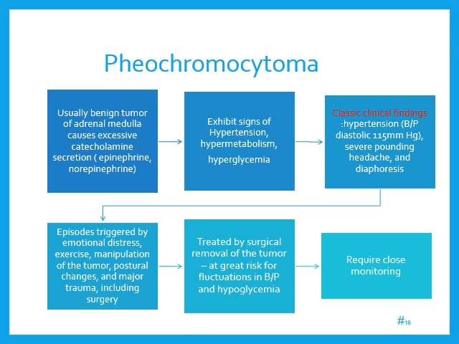They exhibit signs of hypertension, hypermetabolism, and hyperglycemia. But the classic clinical findings would be hypertension with a diastolic of 115 or higher, severe pounding headache, and diaphoresis. The episodes are triggered by emotional distress.